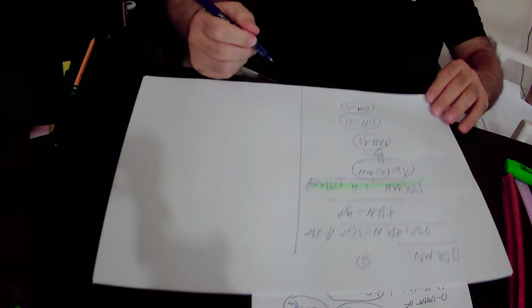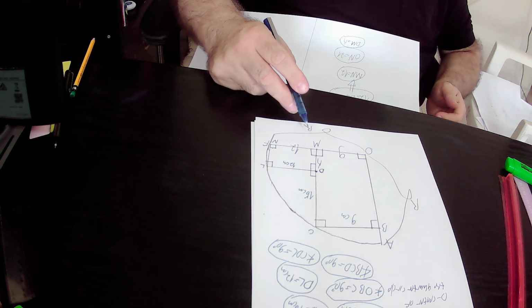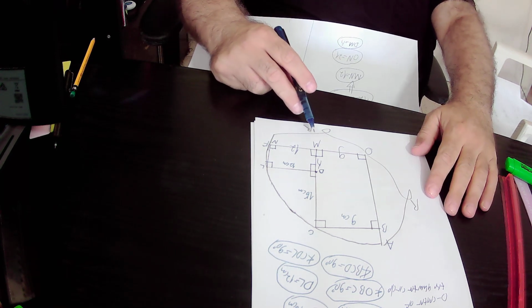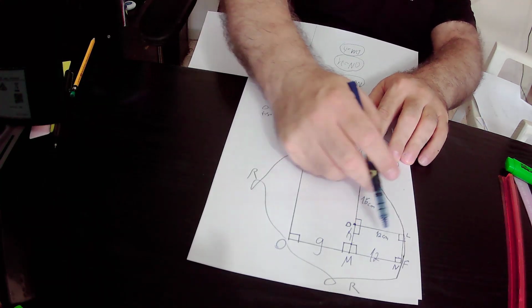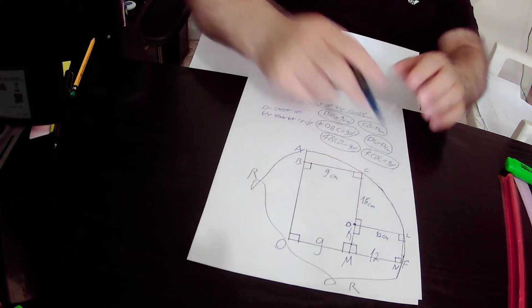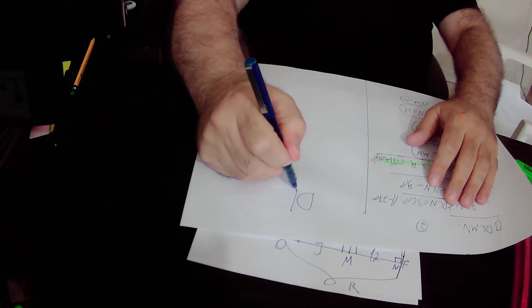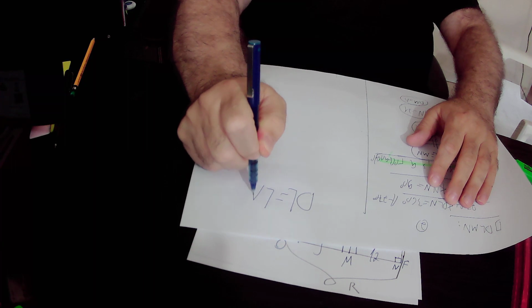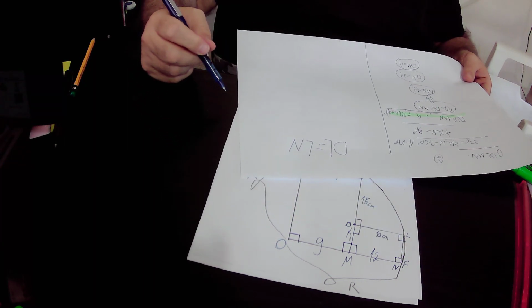But according to the rule that the opposite sides of a rectangle are equal to each other, we will get that side DM, this side, equals side LN according to the rule that the opposite sides of a rectangle are equal to each other.